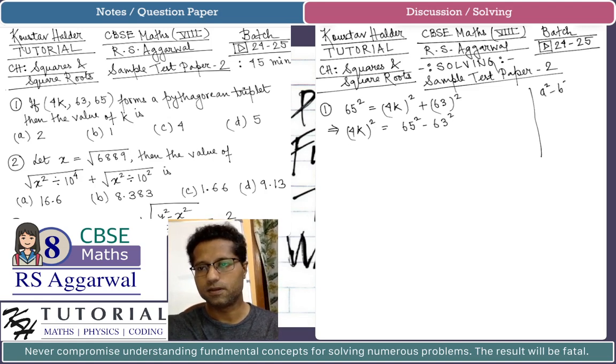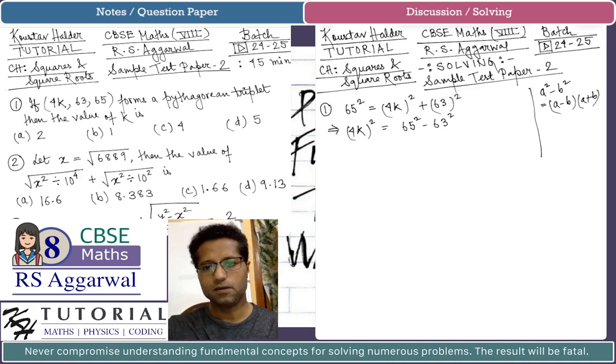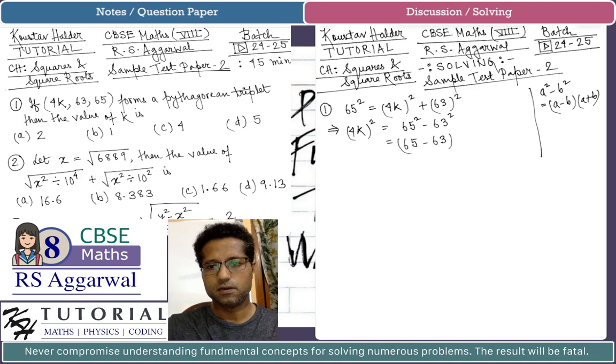Now I know there is an algebraic identity or formula that for constant numbers a and b, a square minus b square is equal to (a minus b) multiplied by (a plus b). Using this formula, we get 65 minus 63 multiplied by 65 plus 63.